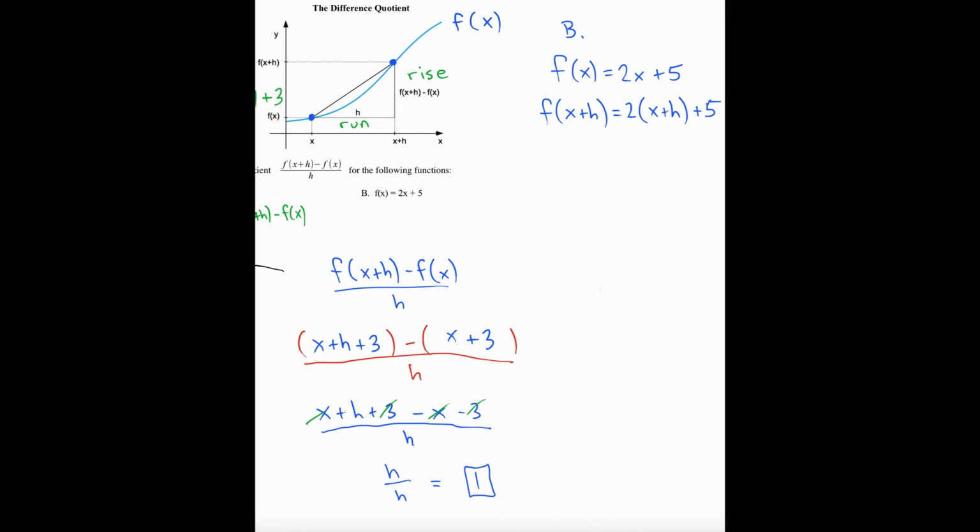Now let's write the difference quotient. Put parentheses in the place of f of x plus h, and divide by h. Then let's go ahead and put the formulas in here.